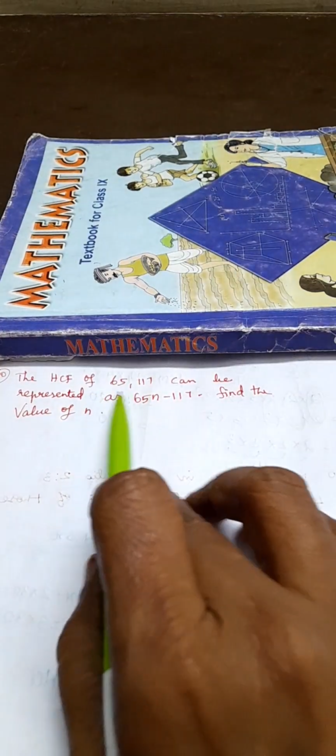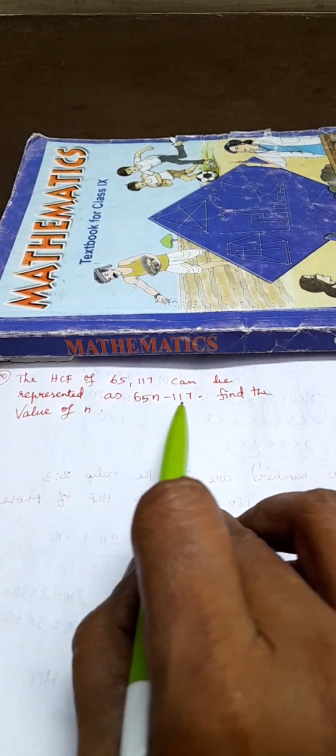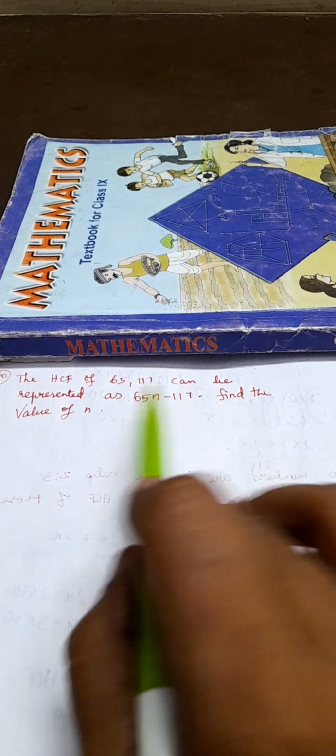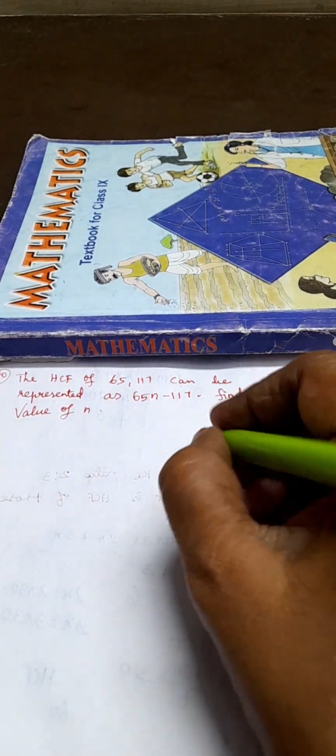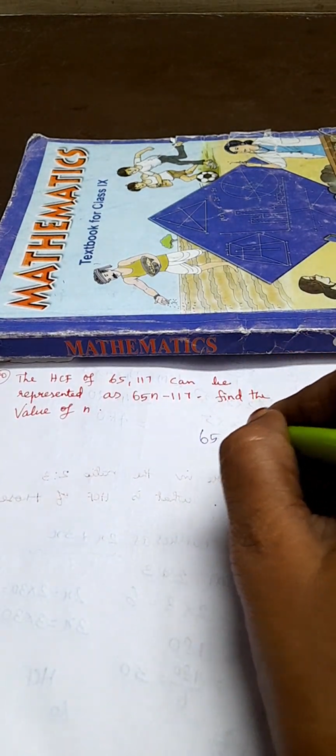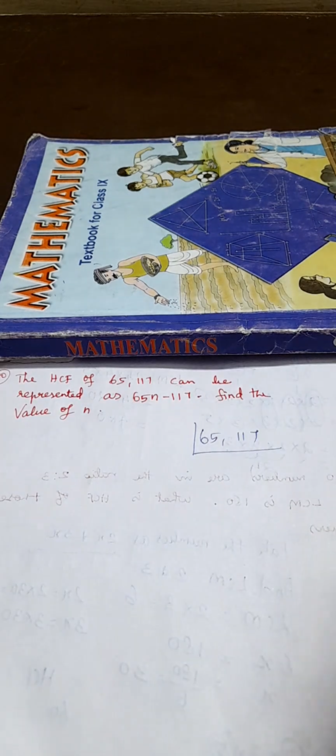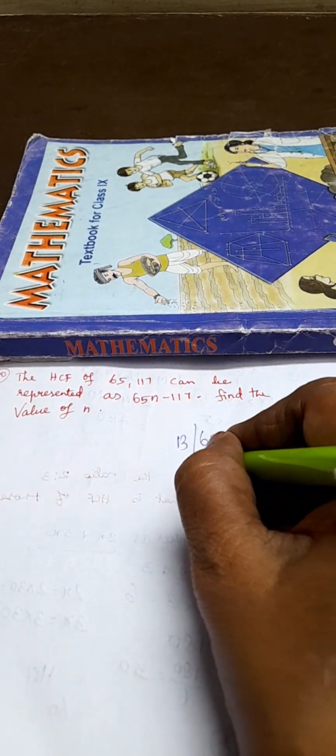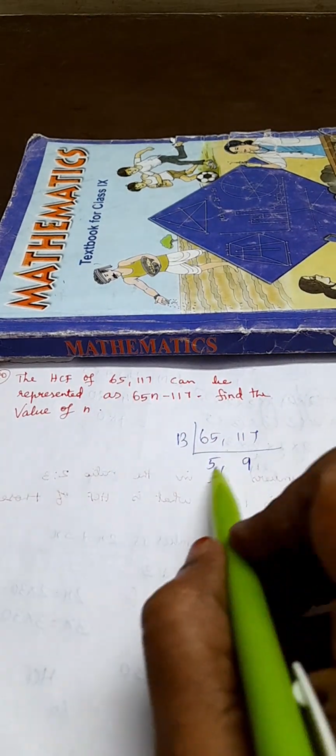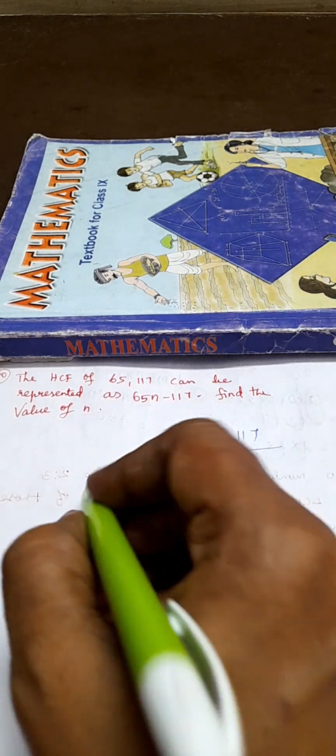The HCF of 65 and 117 can be represented as 65n minus 117. Find the value of n. First we'll find out the HCF of 65 and 117. You know that 65 is divisible by 13. So when you take 13 fives are 65, 13 nines are 117, you will get both are co-prime. So 13 is the HCF, right?